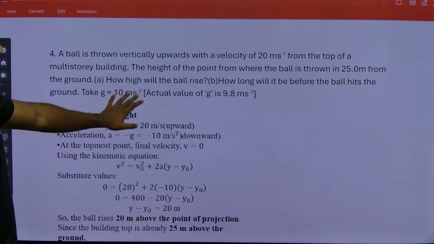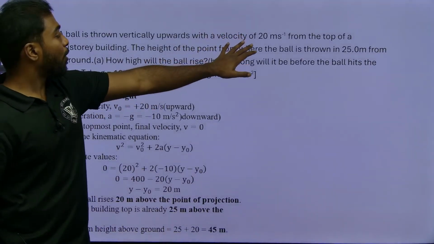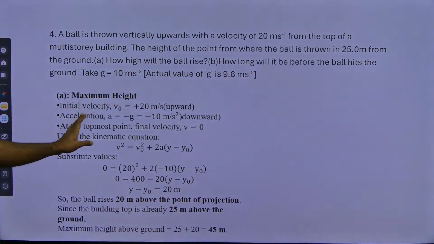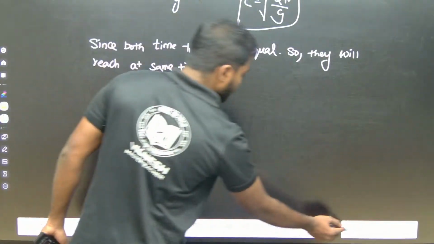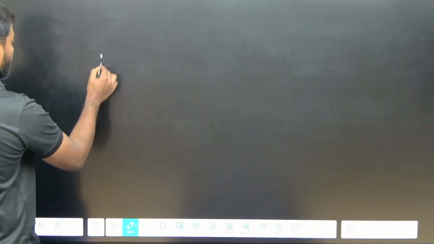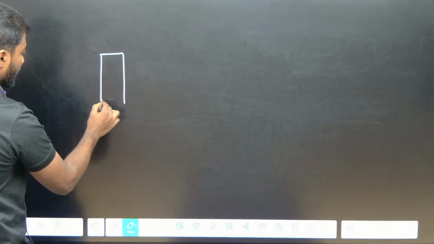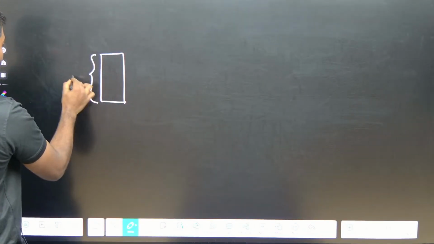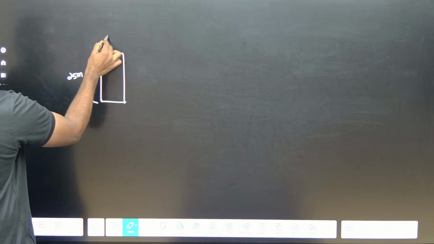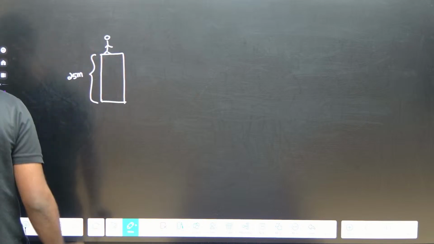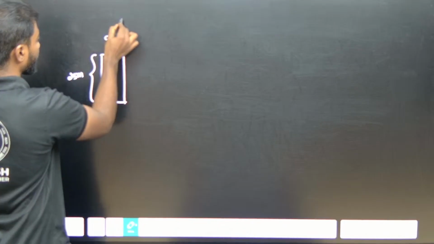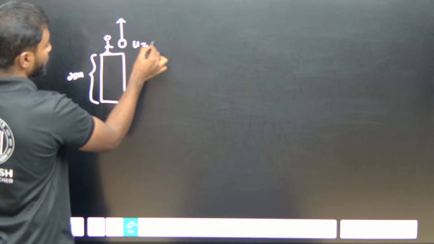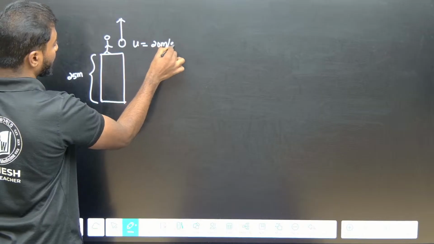So what have they given? We have thrown the ball with velocity 20 meter per second from the top of a 25 meter building. Let's do it here. There is a building of height 25 meter. A person is standing here and throws a ball with some velocity, u equal to 20 meter per second.